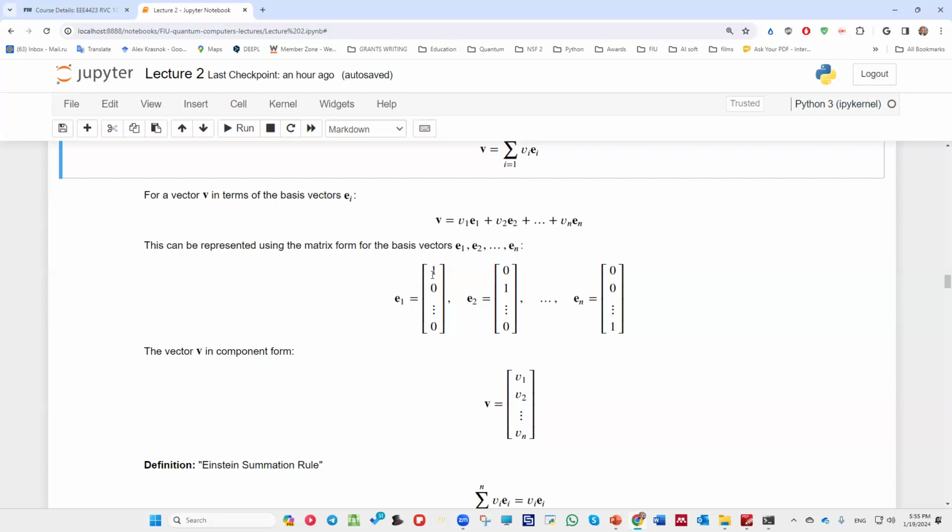For example, this e1 is represented by this column with components 1 and all the other zeros. And then the second vector is 0, 1, and then all zeros, etc. And finally this en vector is given by this column, all zeros except for the very last element, which is 1.